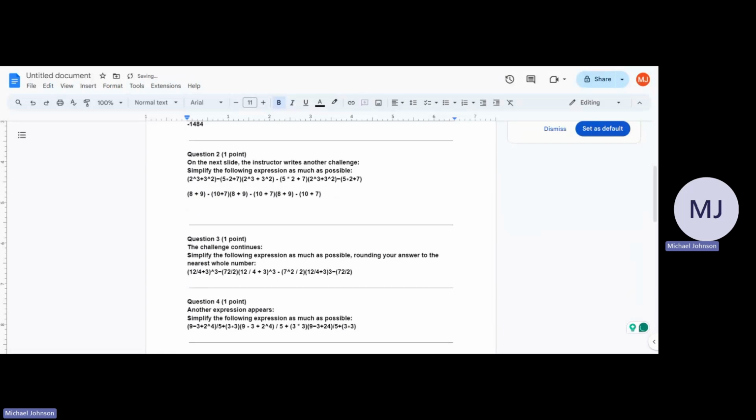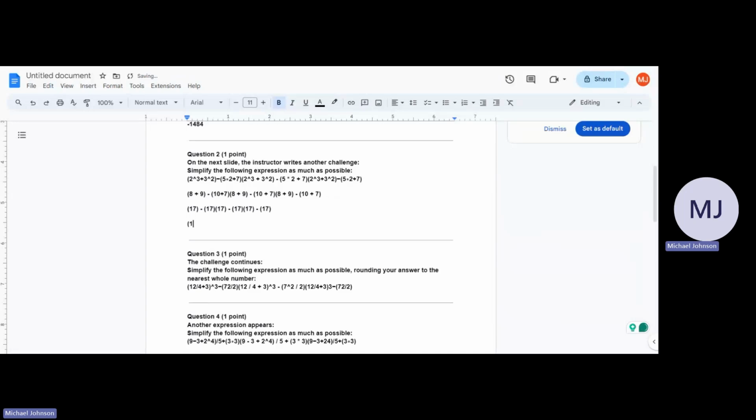So 8 plus 9 is 17, minus 17, so 10 plus 7 is 17. 17 minus 17.